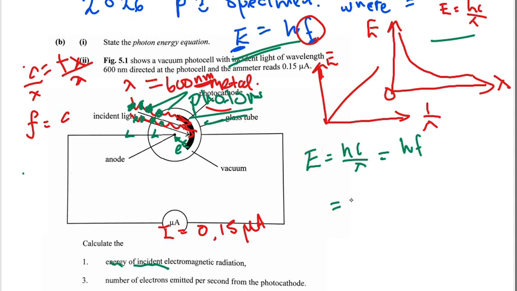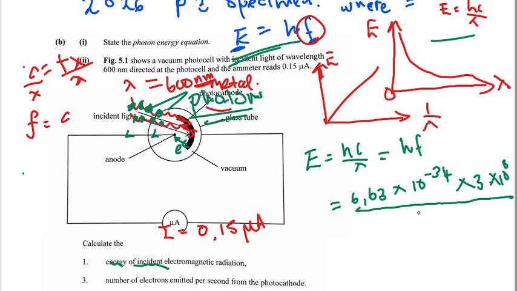The value for h is 6.63 times 10 to the power negative 34, Planck's constant, from the data sheet. Then c is 3 times 10 to the power of 8, and the wavelength is 600 times 10 to the power minus 9.